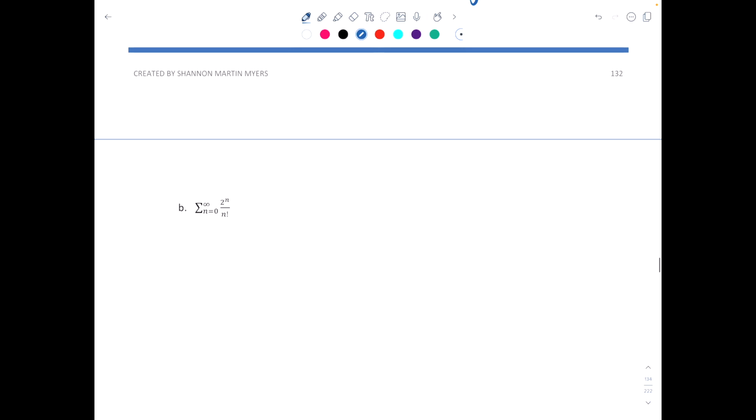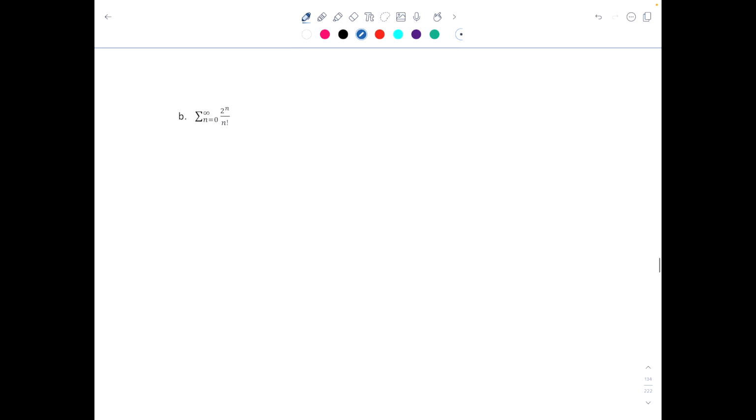So next one, part B, a little more complicated, right? So again, we'll start off by naming our test. We'll use our ratio test. And step 2, conditions.